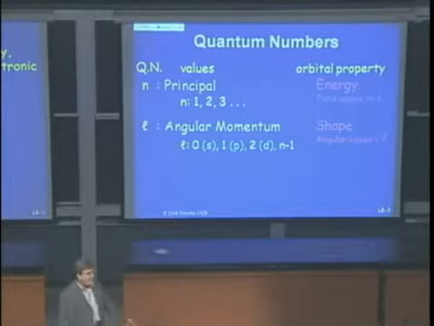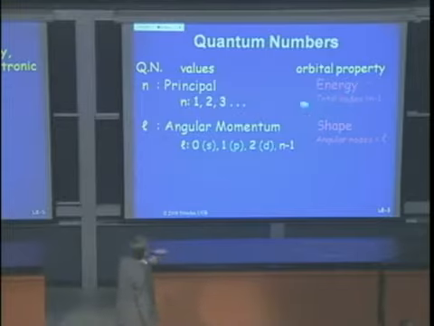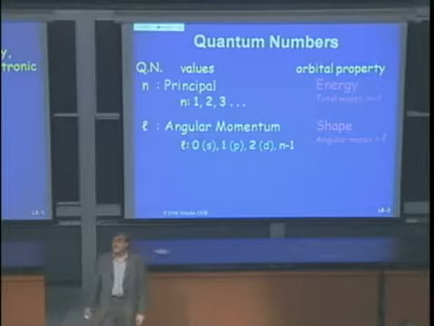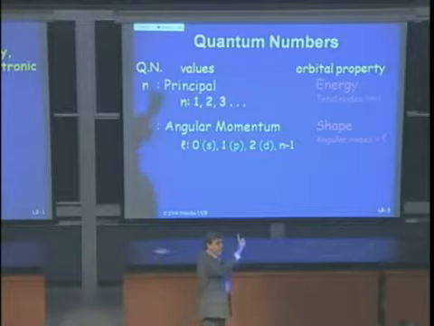So the number of angular nodes is L itself. So if n equals 1, in the first quantum number, then you have total nodes as 0. So it's spherical, it's radially symmetric, yeah? If you have n equals 2, the total number of nodes is n minus 1, which is 1 node.